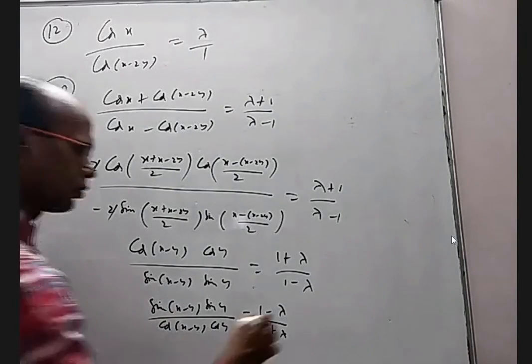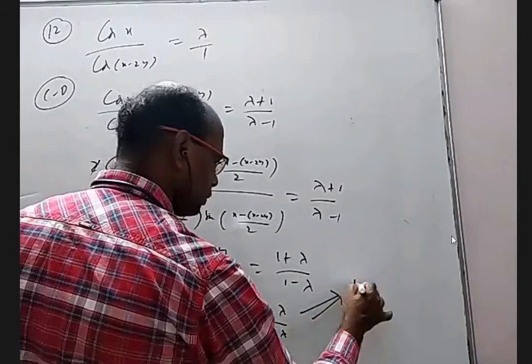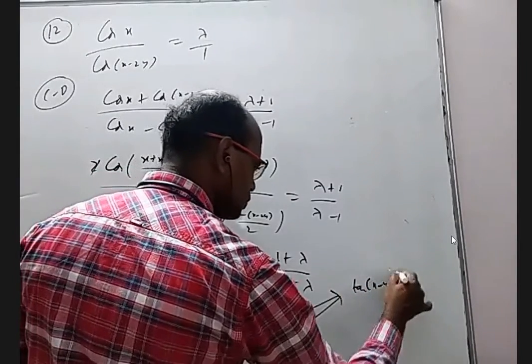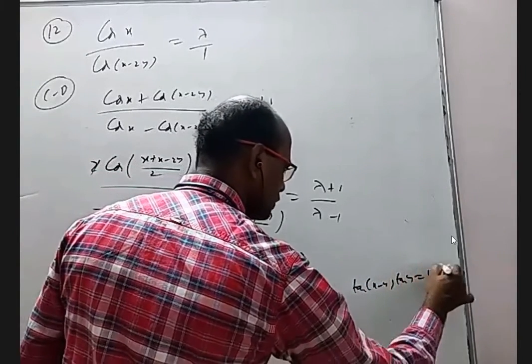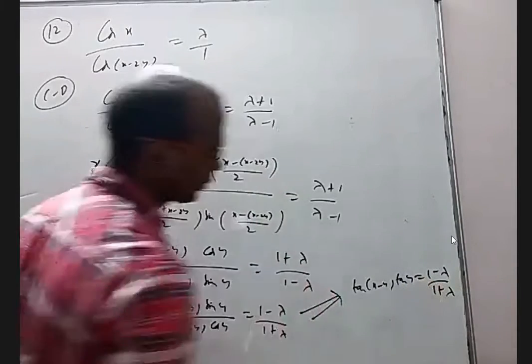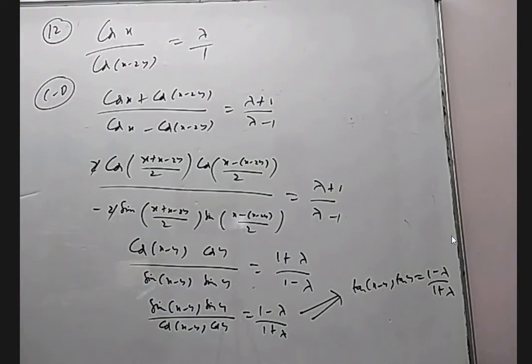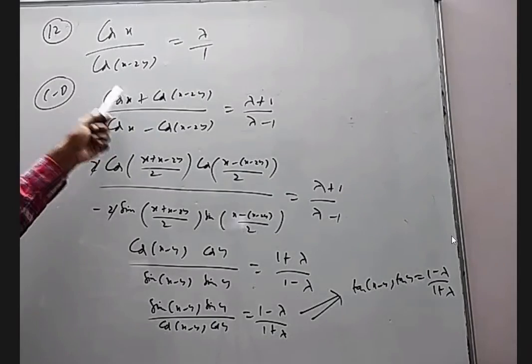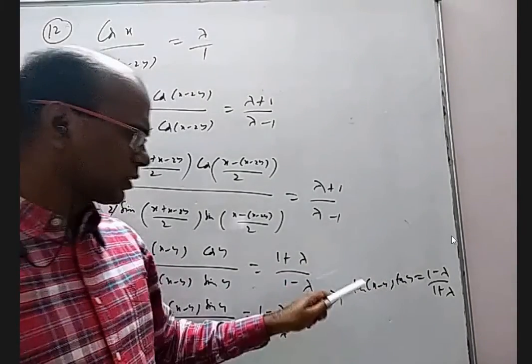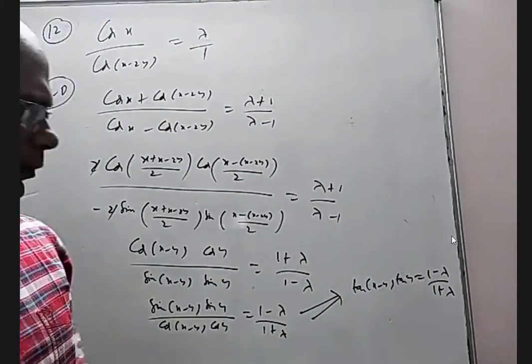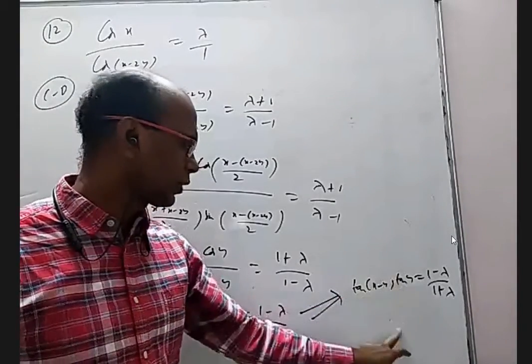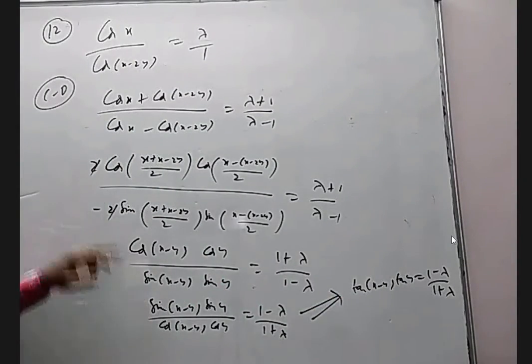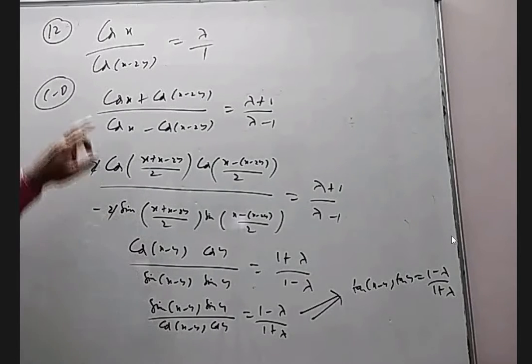This is also tan, so it will become tan(x minus y) into tan y is (1 minus lambda) by (1 plus lambda). If you do not get the idea that right from here I have to apply componendo-dividendo, not a problem. The question they have asked is tan(x minus y) into tan y. You can write this as sin by cos, multiply by 2 and divide by 2. From here, you will be able to say this.